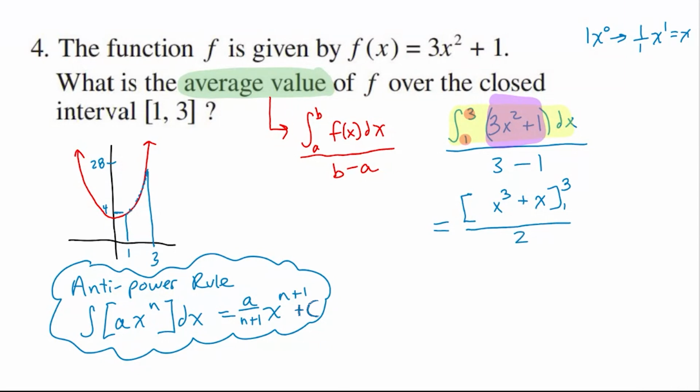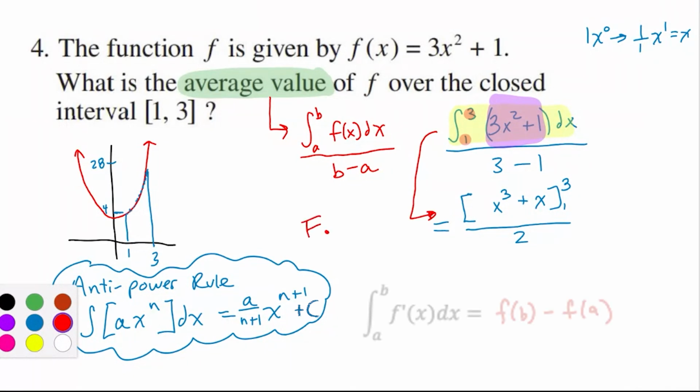And now we're going to substitute in both 3 and 1 into that antiderivative and subtract. By the way, this evaluation is given to us by the fundamental theorem of calculus. The fundamental theorem of calculus has two main parts, and one of the parts is just explaining how we evaluate these definite integrals. So let's do that.